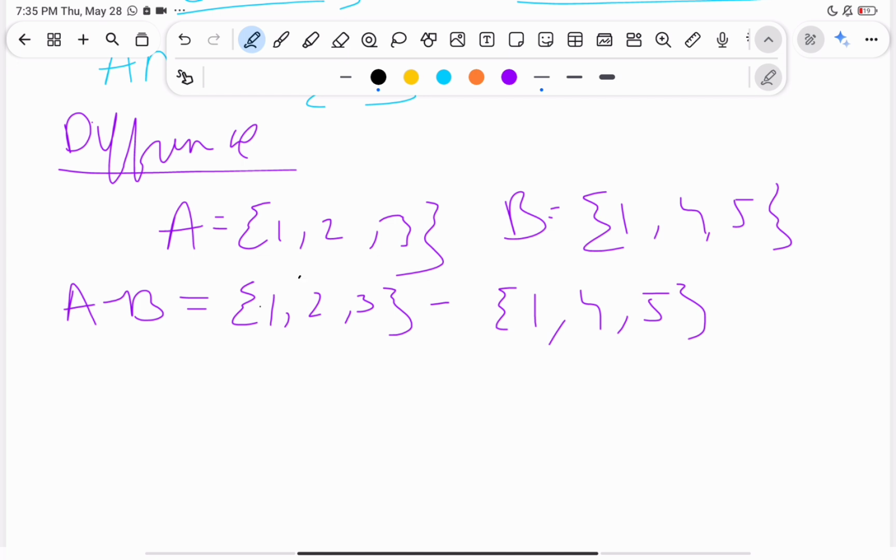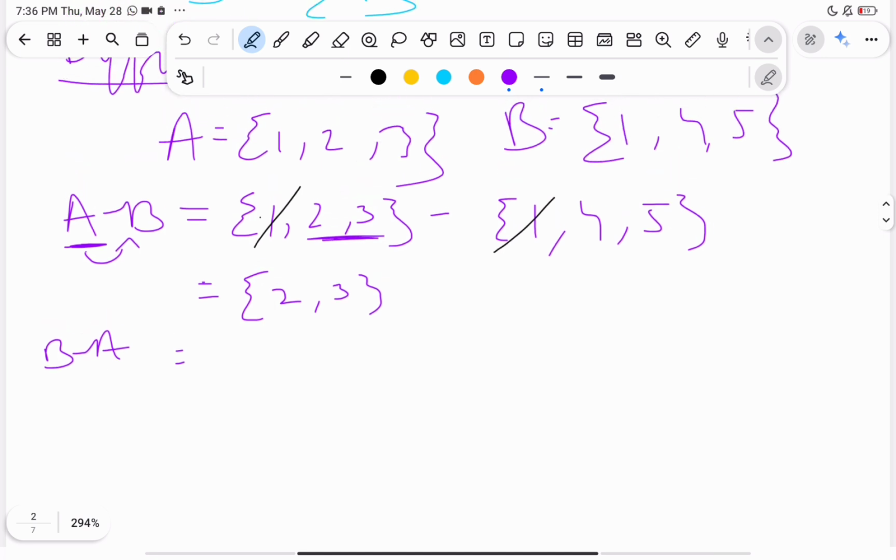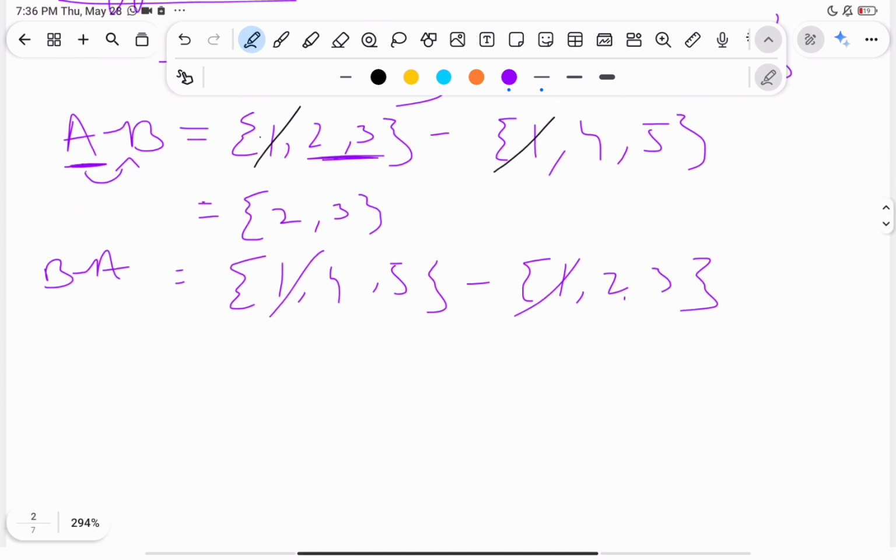If I cancel the common elements, 1 is the common element. After cancelling, A minus B, we have cancelled B from A, then we have to write the remaining elements in A. If I am cancelling A from B, 1 4 5 minus 1 2 3, then 1 will get cancelled, and I have to write the remaining elements in B, 4 and 5. This will be the difference of the set.